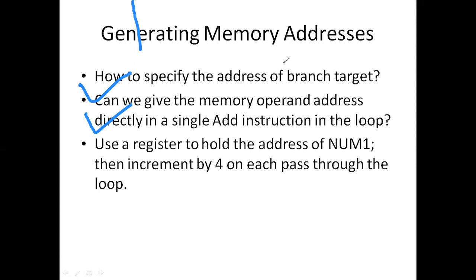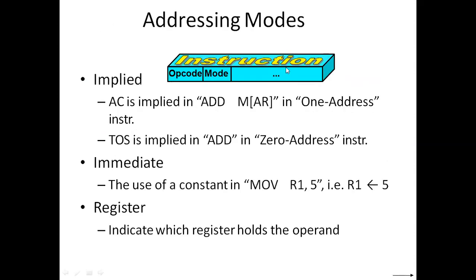So there are many things for which we need to know about addressing modes. And there are different ways how we address the memory. So let's discuss them. First, you can see the diagram here. Instruction. This is opcode. This is addressing mode.